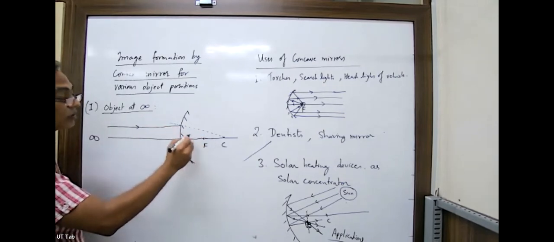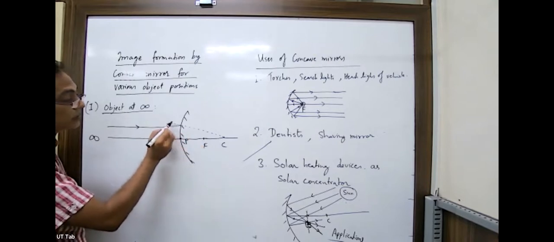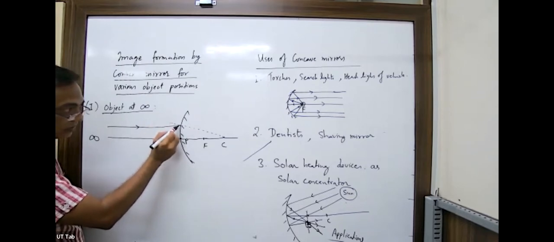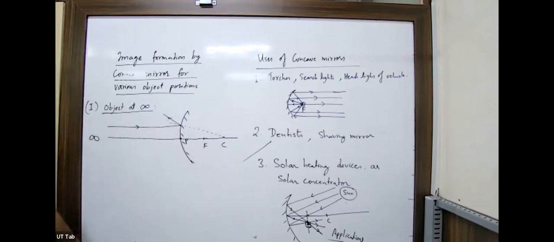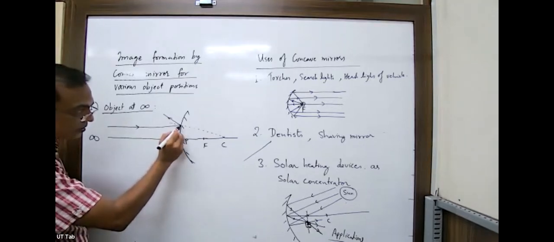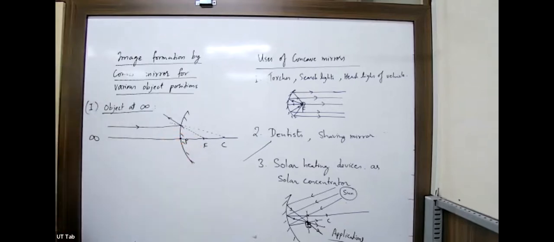Even without the normal, I can draw this reflected ray along the focus, like this. And then what will I do? I will extend this line till the focus.